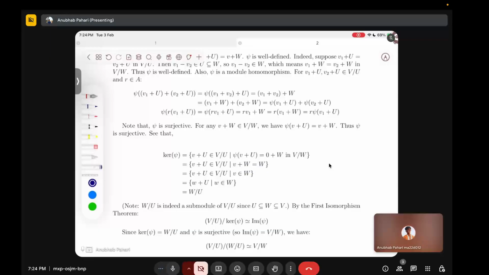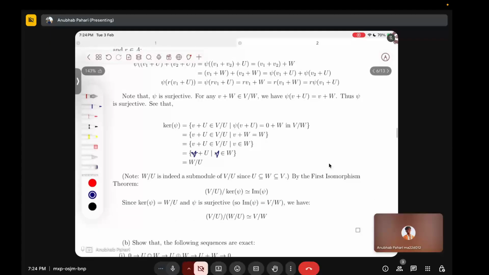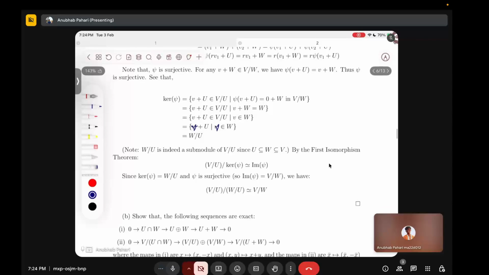You can check that if you take any v plus W, that is, small v equals w prime, therefore small v equals w prime minus w. Since this belongs to capital W, this happens. Okay, so this is a typo, this should be small v. So therefore again by the first isomorphism theorem this is true.